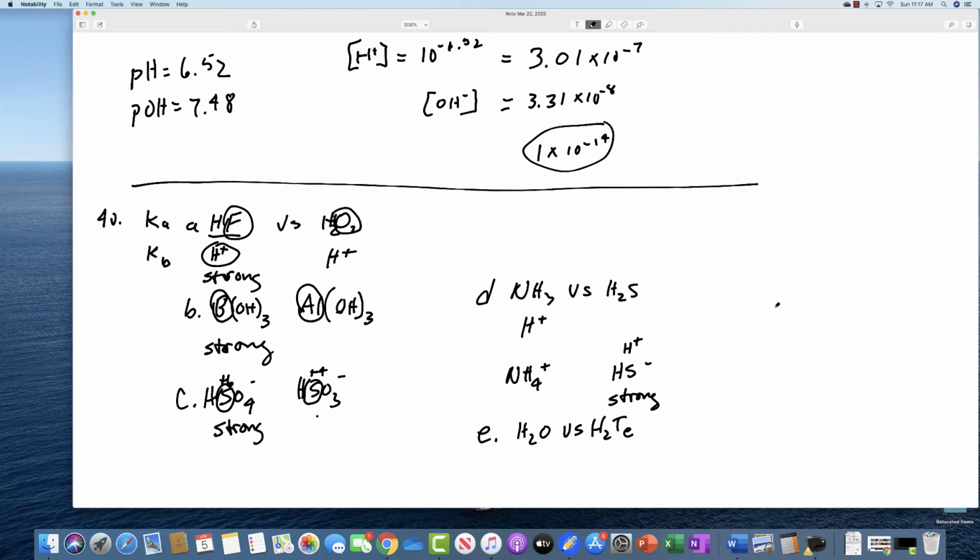If you have two elements in group 6A, see if I can explain this right, O is up here, Te is down here. The heavier molecules form stronger acids compared to the lighter. Heavier is stronger than lighter.